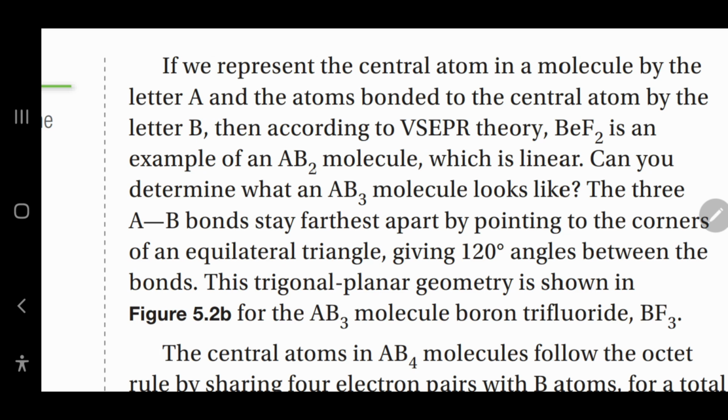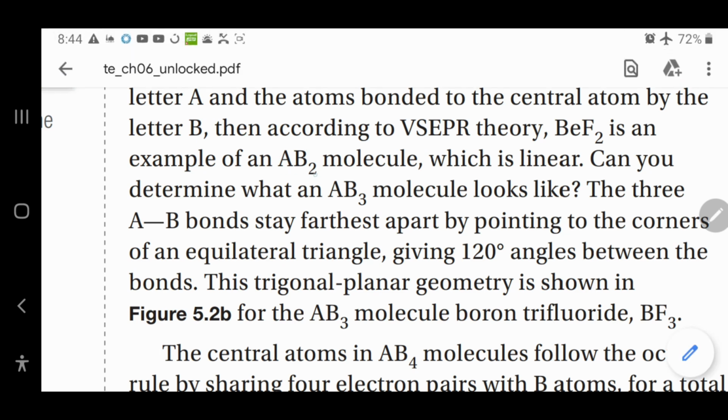So AB2 means BeF2. So if you have any compound with this general formula AB2, that means that the shape of this compound will be linear according to VSEPR theory.